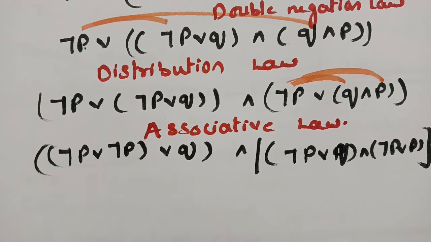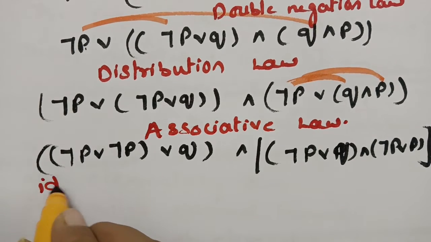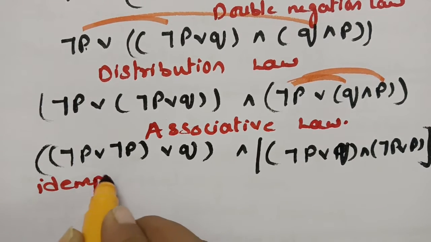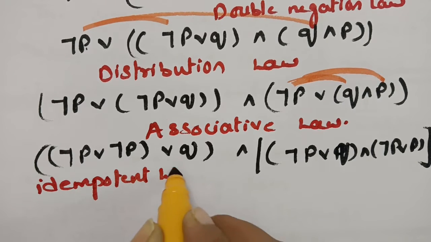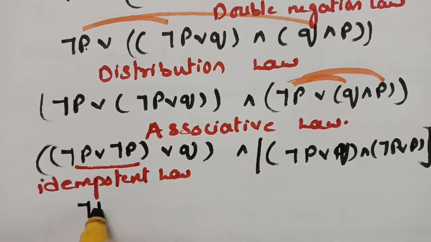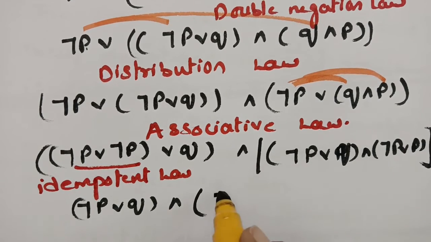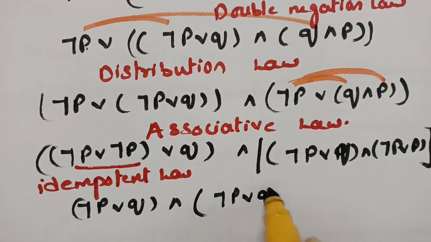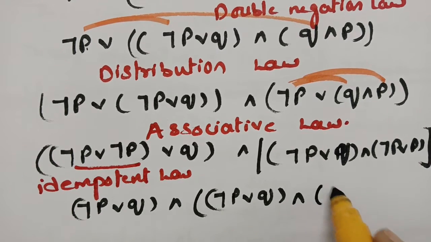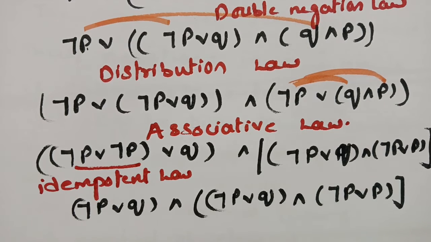And this one, negation P or negation P, which formula I have to use? Idempotent law. According to idempotent law, this can be written as only a single negation P or Q, and here this will be negation P or Q, and this is negation P or P. So here which law it is?